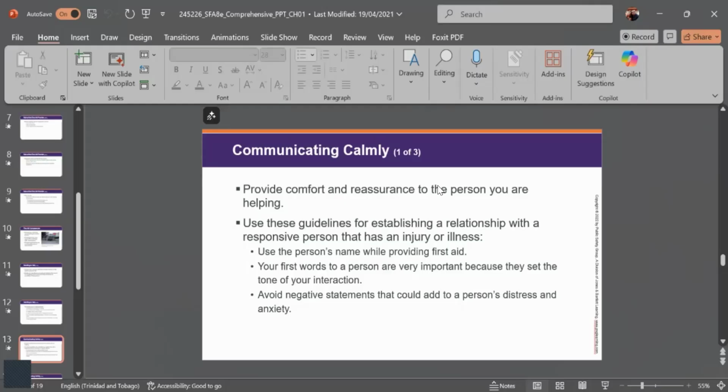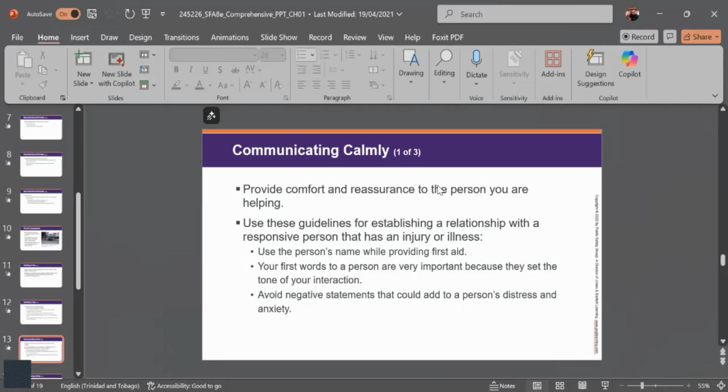Nothing is wrong with that, and it helps to build that rapport with the person. In other parts of the world, it may require you to be very formal, sir, ma'am, as the case may be. Okay, but here in Trinidad, that's okay. It's not a mandatory requirement to address the person in that manner. Using our local terms actually helps the person feel more comfortable around you.